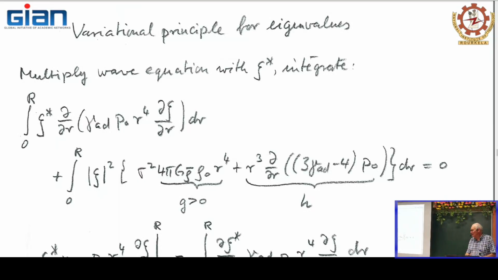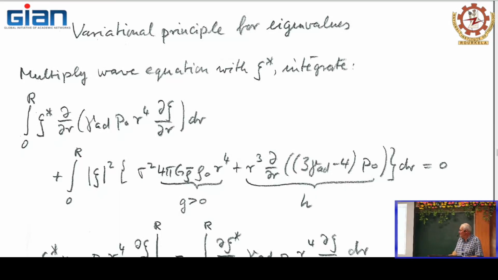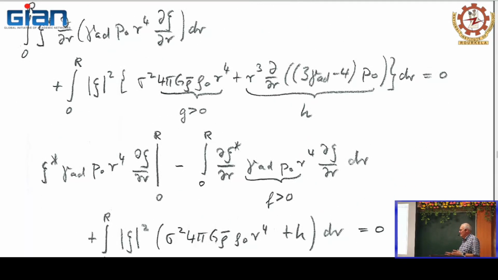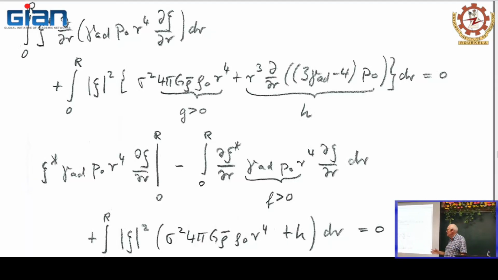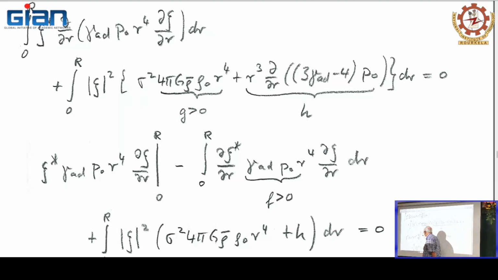Okay. Now same procedure as in any step. We do partial integration of our differential operator here, and we put this derivative to the zeta star by partial integration. Then we have a boundary term, zeta star times gamma adiabatic p times r to the fourth times d zeta by dr between the center and the surface of the star.